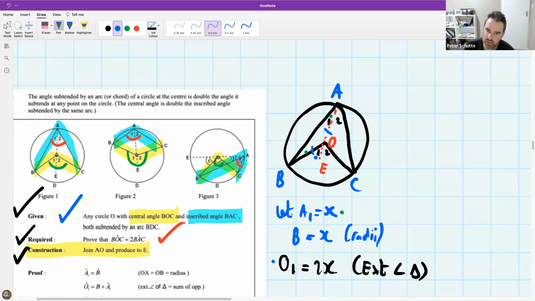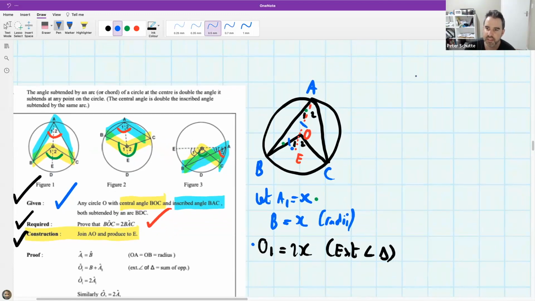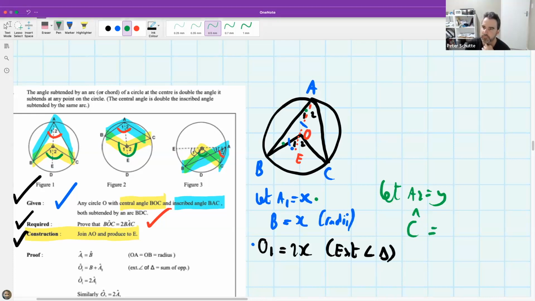Now, what I want to ask you next is, if I say to you, using the same idea, let's say that I let A2 equal Y. If I let A2 equal Y, what is the size of angle C going to be? Maybe I should use a different color for this just so we don't get confused.